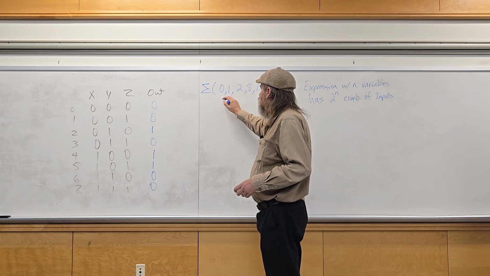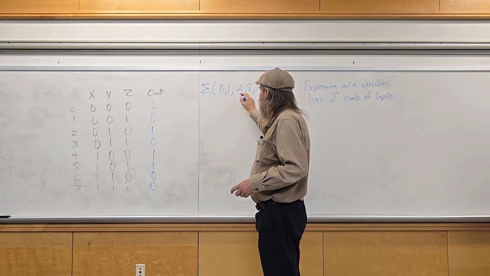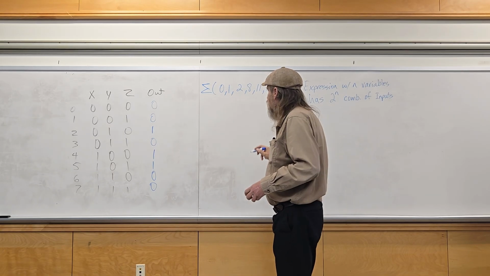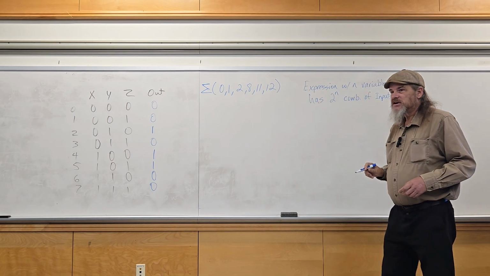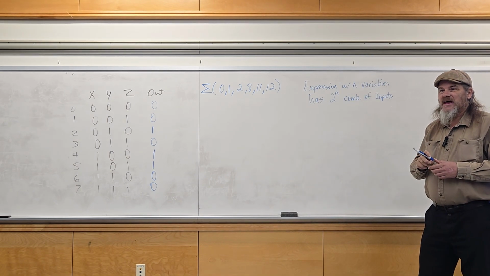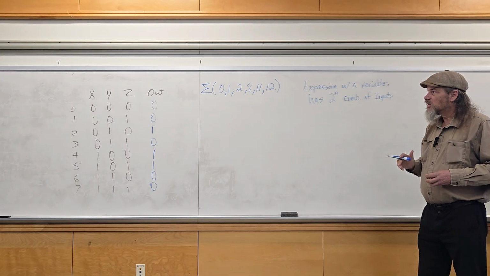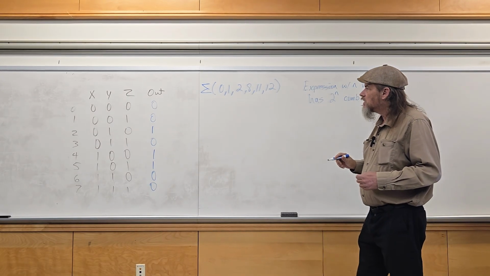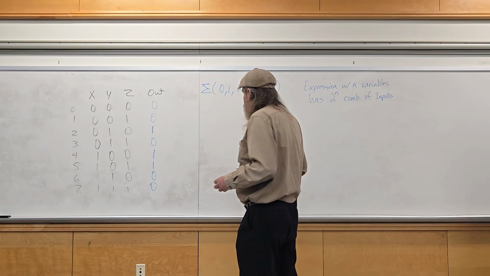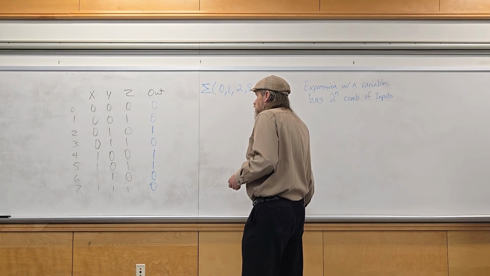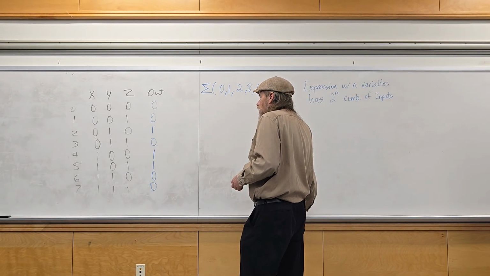16 possible terms. And here you have 1, 2, 3, 4, 5, 6. So which would be better, 6 or 10 terms? Exactly. That would be a lot more efficient.